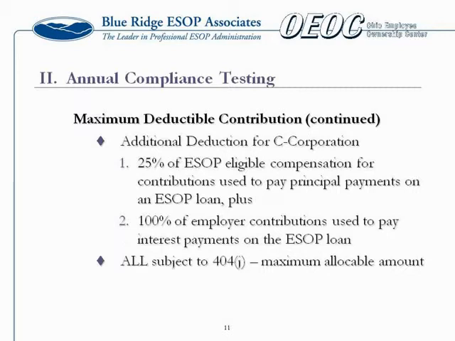You have some room there, the interest and principal, and we don't need to get into it, but there's a 1/3 test also that's worth knowing about. 404(j) is basically a code section that says the deduction limit of 25% shall not include any benefits in excess of the 415 limit, which we're about to talk about, which is really the $50,000 a year limit individually.